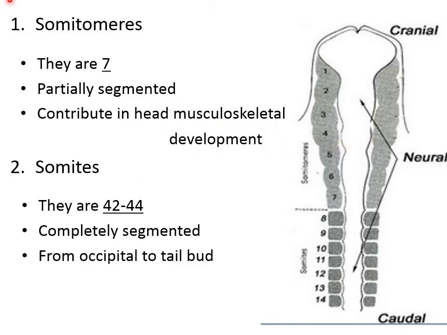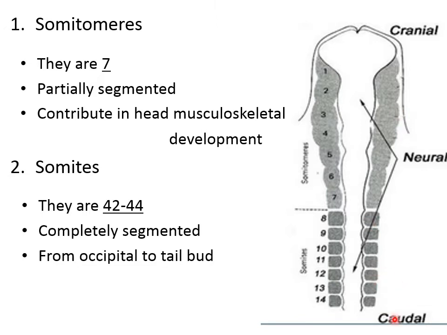As you see here in this diagram, you see the neural tube in the middle, and here in the cranial region we have the somitomeres, which are 7 in number, and they are partially segmented, not completely segmented. They contribute to the development of the musculoskeletal system of the head region.